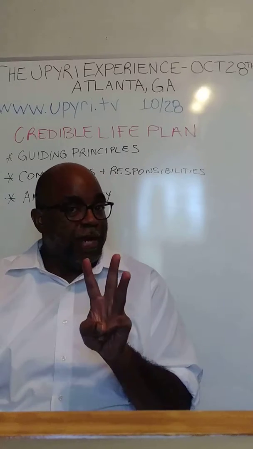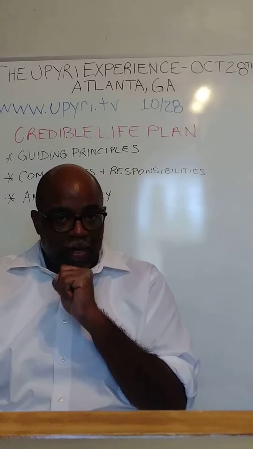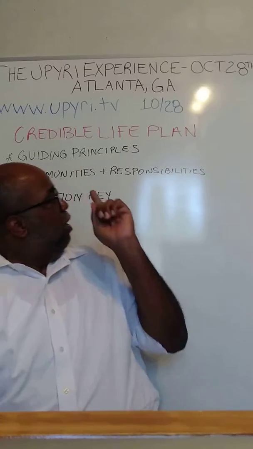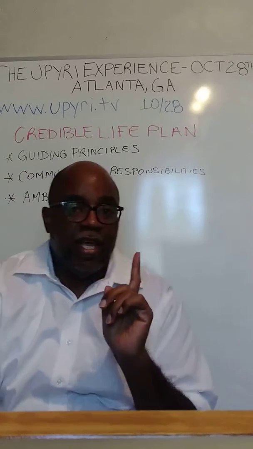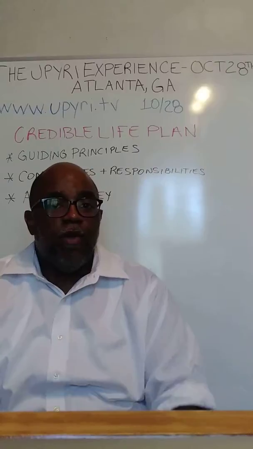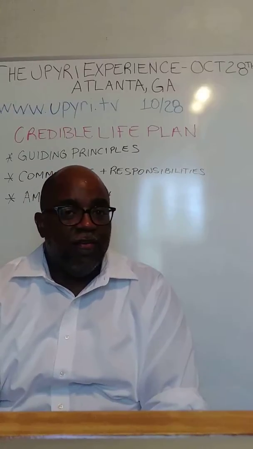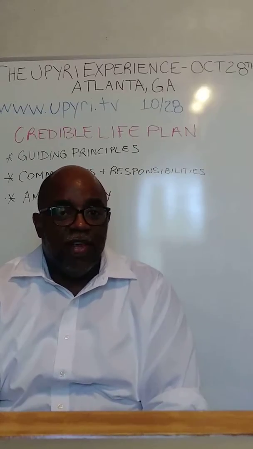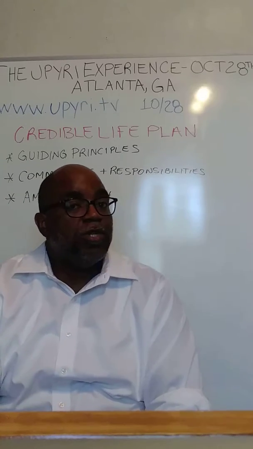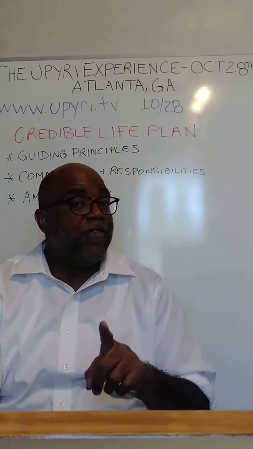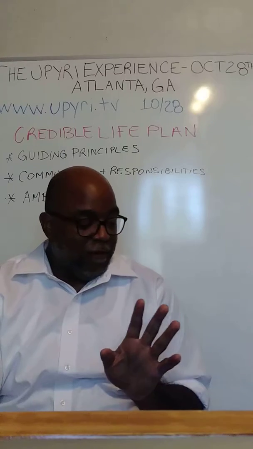We're going to go over 3 today, the major one being the ambition key. But if you want a quick overview of all of the parts of the credible life plan, go to this week's In Under 5 Minutes and you'll get that overview.